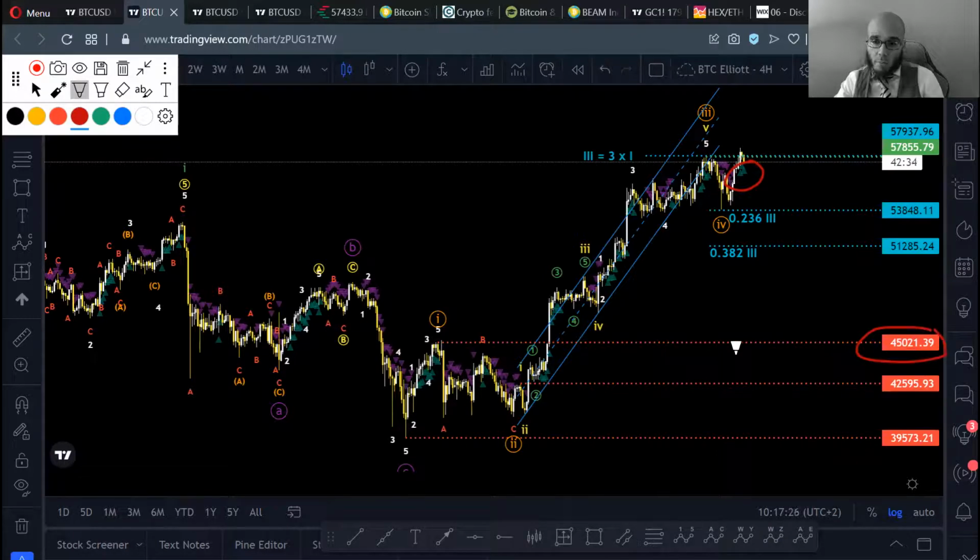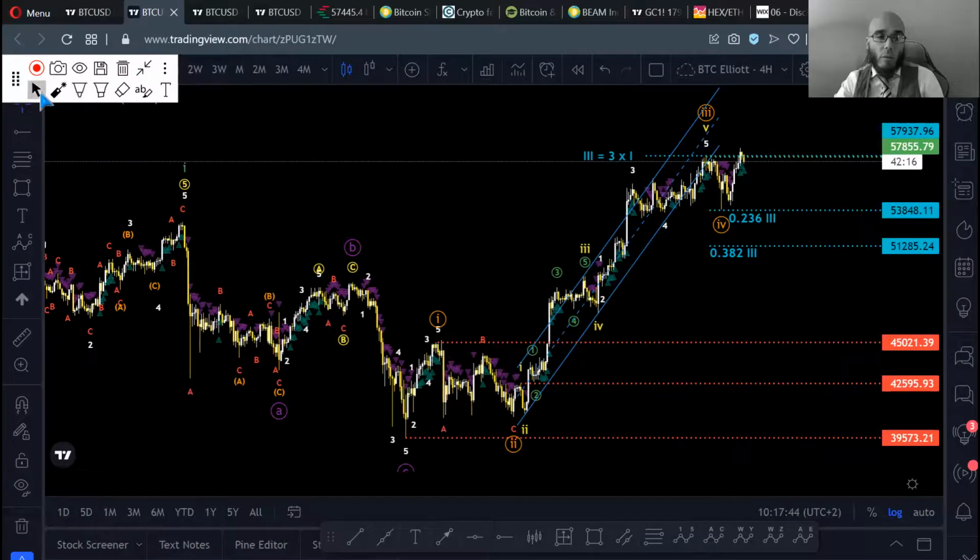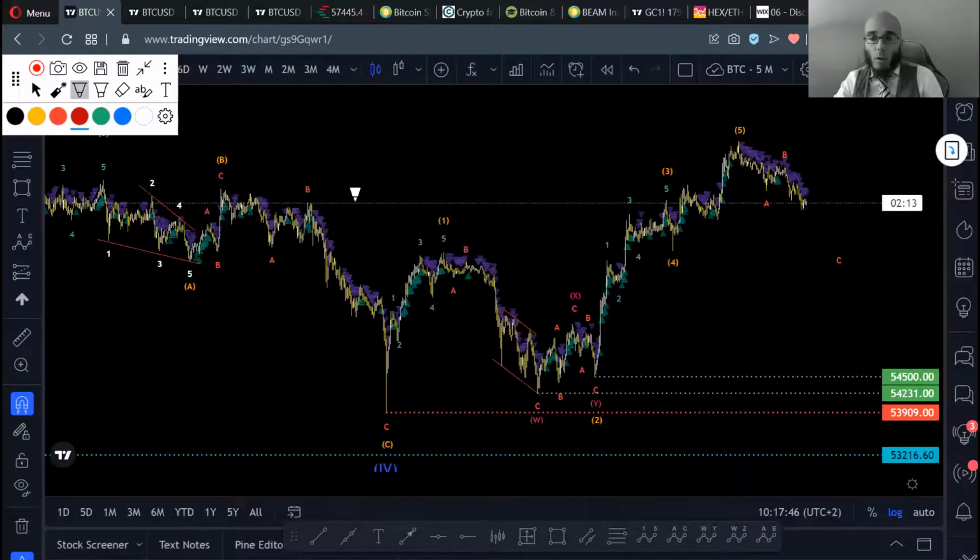For my stop loss level, the best stop loss level you can have is the 45.21, because we cannot enter the price zone of wave 1. So from here to here, we cannot enter that price zone. So that's the best. 45.21 would be the best stop loss level you take. I take a closer one to the price, because I'm taking a heavy leveraged position, so my stop loss needs to be closer to the price.